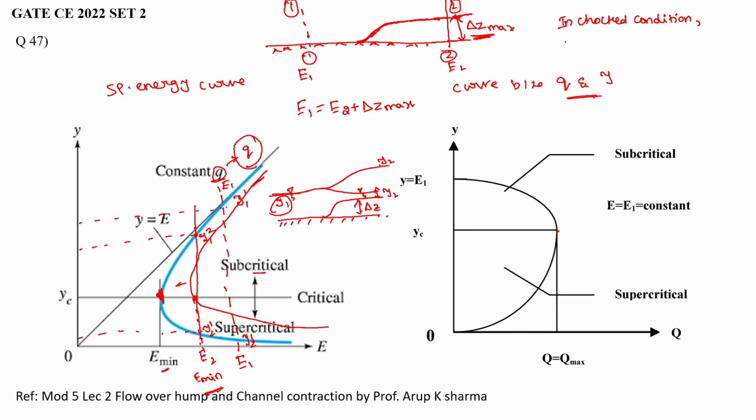In choked condition, the upstream flow condition must change. E1 is the initial one, and from E1 it will increase to E1 dash. So in this condition, the depth will change, in such a way that E2 will become equal to E minimum.